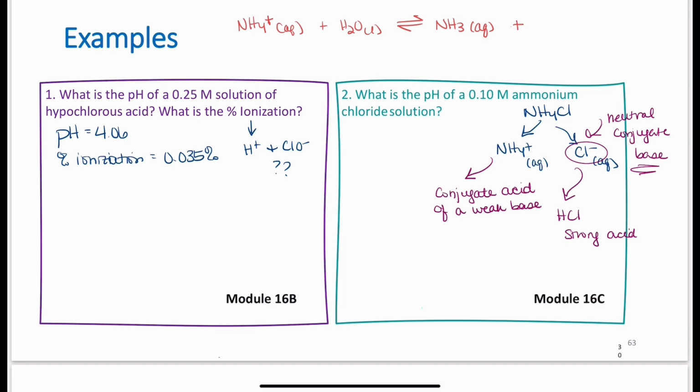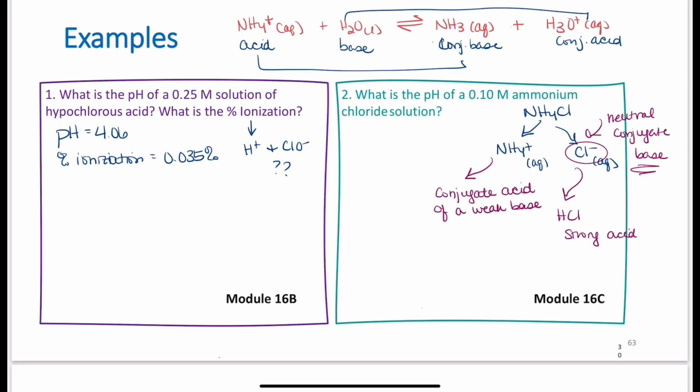It's ammonia gas bubbled through water, and H3O plus. So this acts as an acid, a base, the conjugate base, and the conjugate acid.